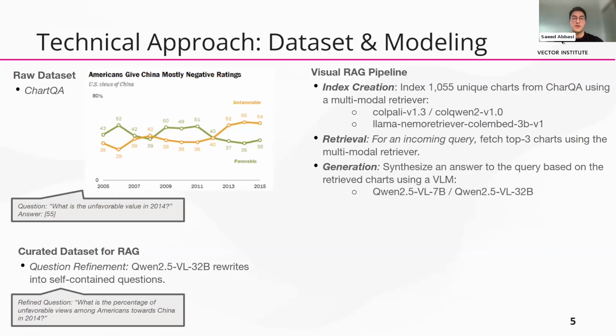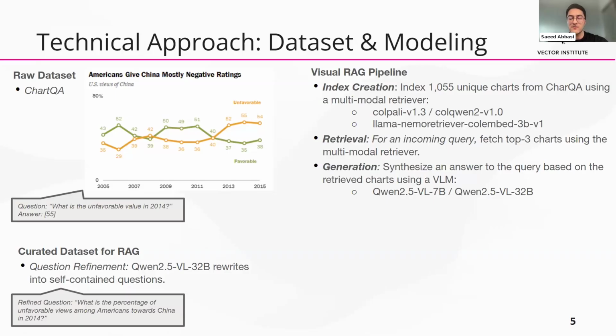And then for this, we built the RAG pipeline, which had three main steps. First, we had to create an index or a knowledge base from all the unique charts in the ChartQA using a multimodal retriever like ColPali.